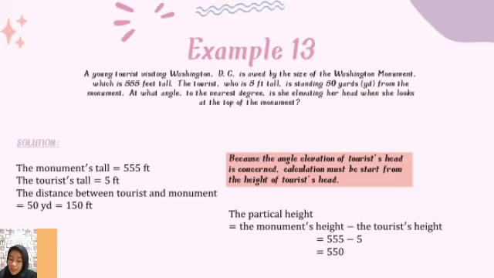Because the angle of elevation of the tourist's head is concerned, the calculation must start from the height of the tourist's head. The vertical height equals the monument's height minus the tourist's height: 555 minus 5 equals 550.